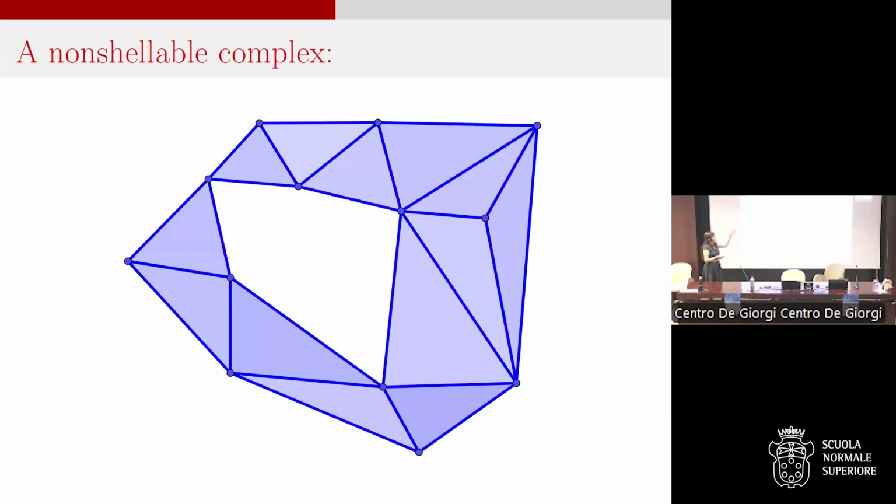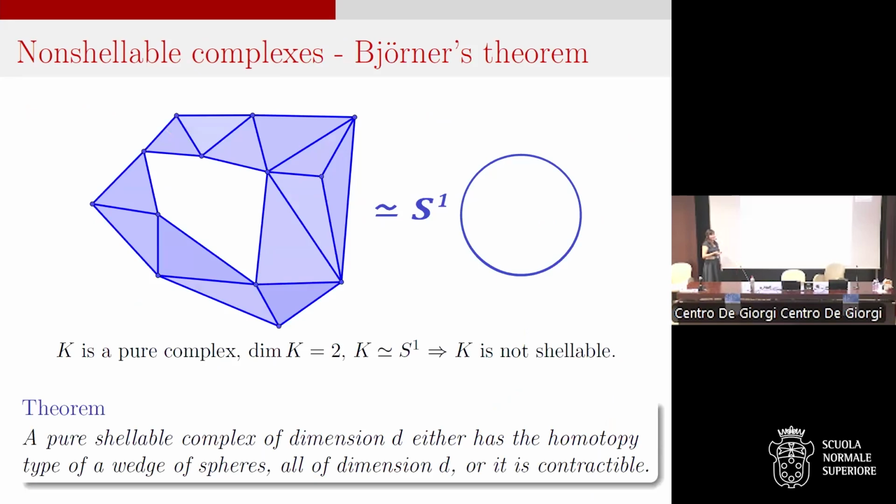Okay, let's see a non-shellable complex. We could try like 1, 2. It's okay. Everything is okay. And then we put this, and it's not shellable. Well, it's not a shelling. Of course, this is not proof that there is no shelling. But we have a proof, a very nice theorem. How do we think here? Well, this is a pure complex of dimension 2, but it is homotopy equivalent to S1, so it's not shellable.